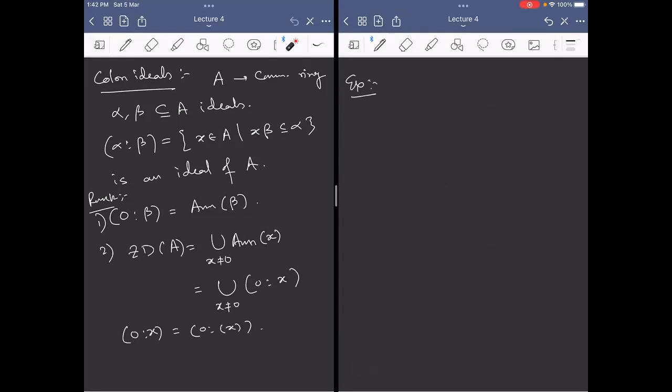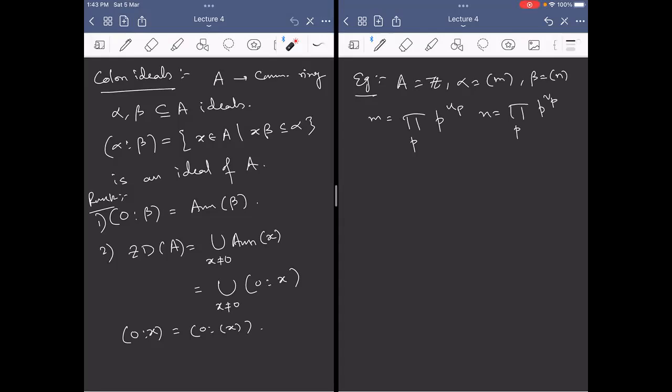So, example: suppose A is the ring of integers, alpha is the ideal generated by M, and beta is the ideal generated by N. And also suppose M is the product of P to the power UP, where P is a prime and it's a finite product, and N is the product of P to the power VP.